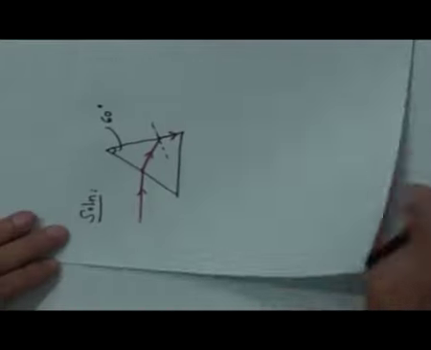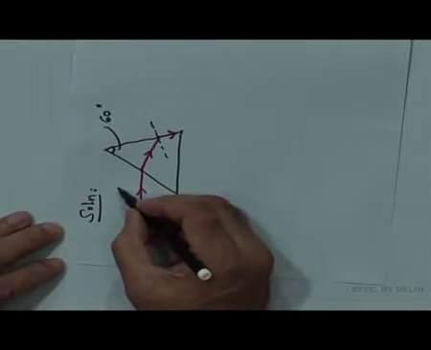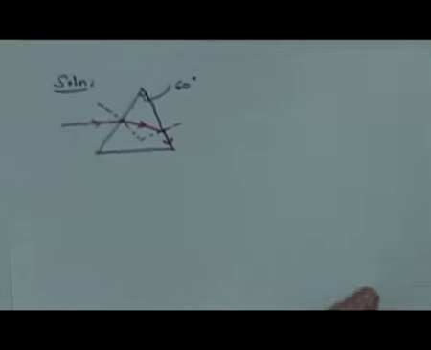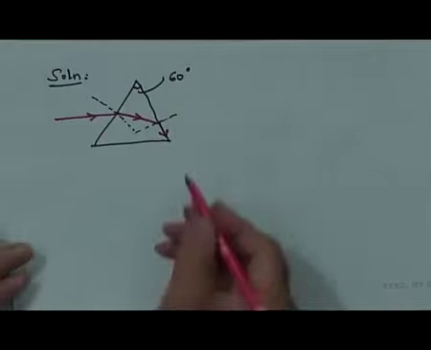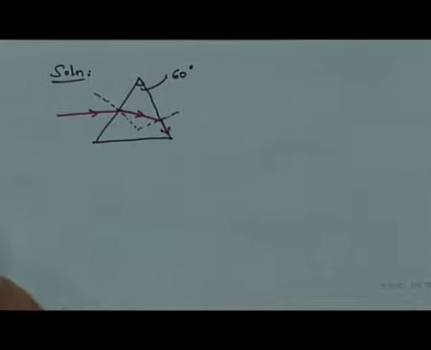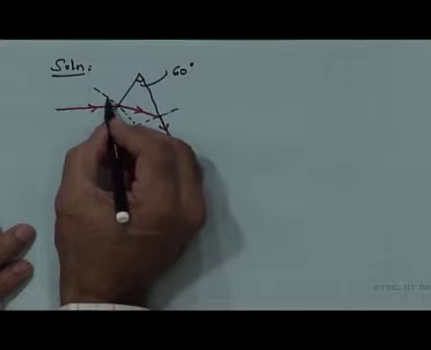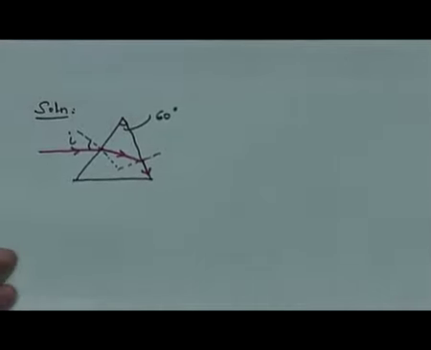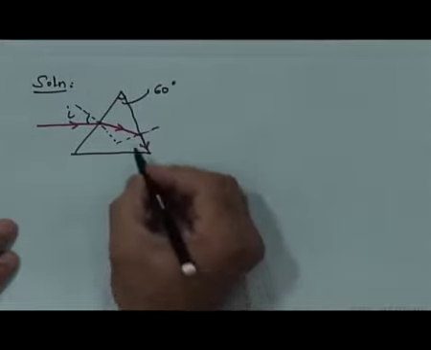I am drawing the same diagram again. These are the normals. Then we have, this is I, the angle of incidence I, which we have to find out, and what is the data that we have.